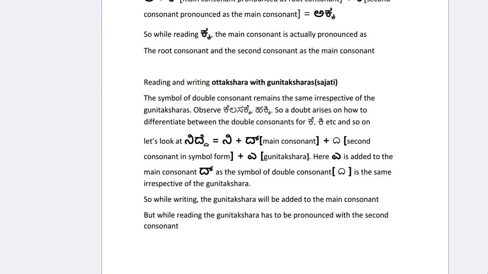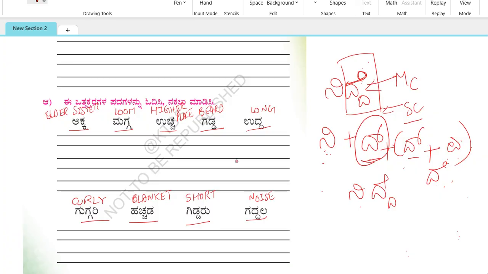Now let's look at example words. So this is on page 34 of Savi Kannada grade 1 part 2. Akka. This word is akka. How do I read? K. This main consonant I pronounce in its root form. So akka, elder sister.